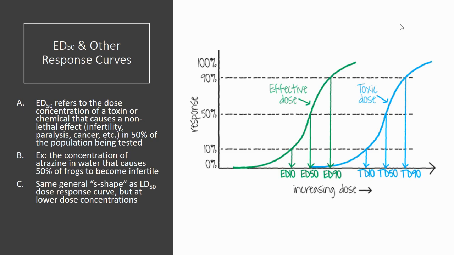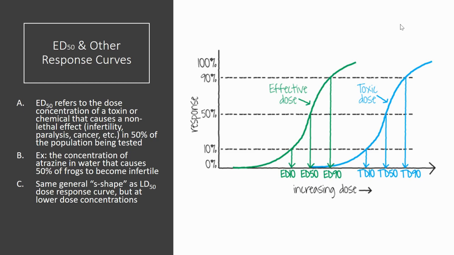We can also have what's called ED50, and that refers to the dose concentration of that toxin that causes a non-lethal effect. So there's still some sort of biological response, it's just not necessarily lethal. That could be something like infertility, paralysis, cancer, or vomiting, and we're going to see it experienced in at least 50% of the population.